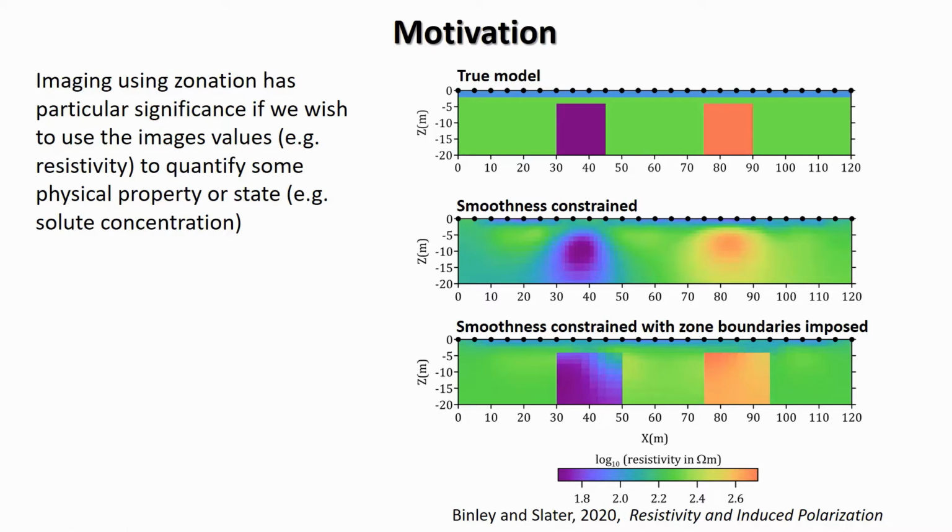So if we want to convert those resistivities to some property or state, we can see the value here of actually enforcing some zonation. And we want to build on this in this study by coming up with an alternative approach to inversion, which automatically finds these boundaries.